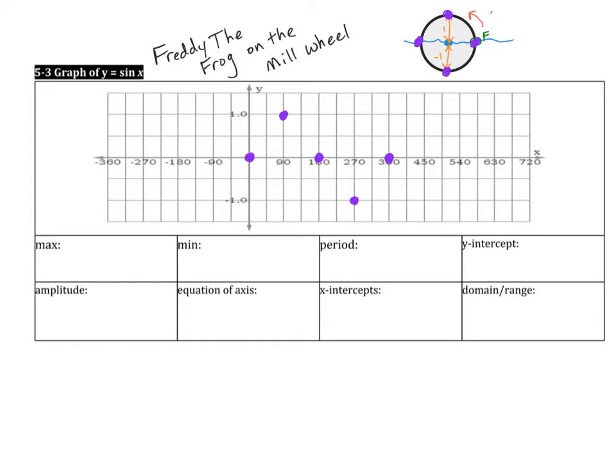And that graph looks like this. So that is called a sine curve. That is 1 full rotation. And I want you to remember, it's always axis, max, axis, min, axis.